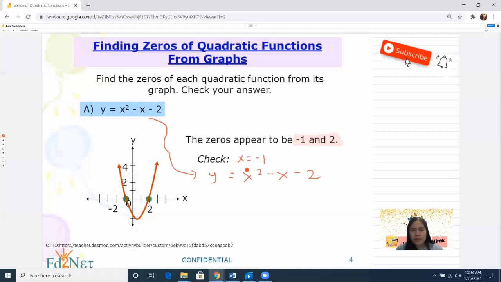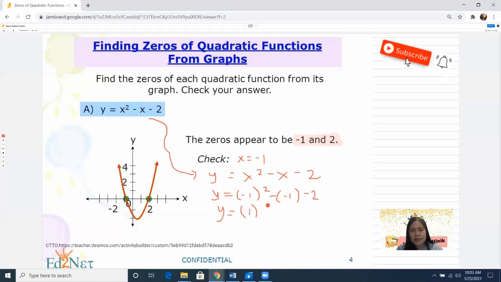Now to check, we substitute all the x with -1, because that is the first zero. So we have (-1)² minus (-1) minus 2. When substituting or replacing the variable, make sure you use parentheses, because sometimes we have a double sign like this one. When you square a negative, it becomes positive: (-1)² is -1 times -1, which is 1.